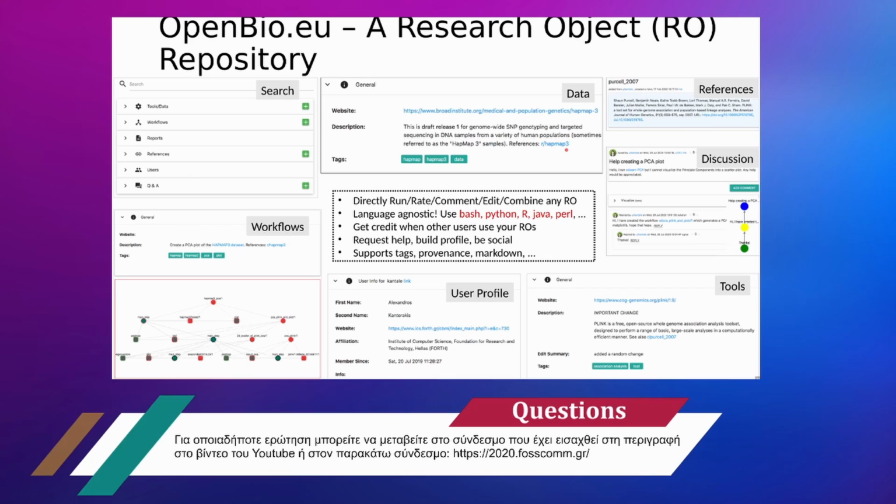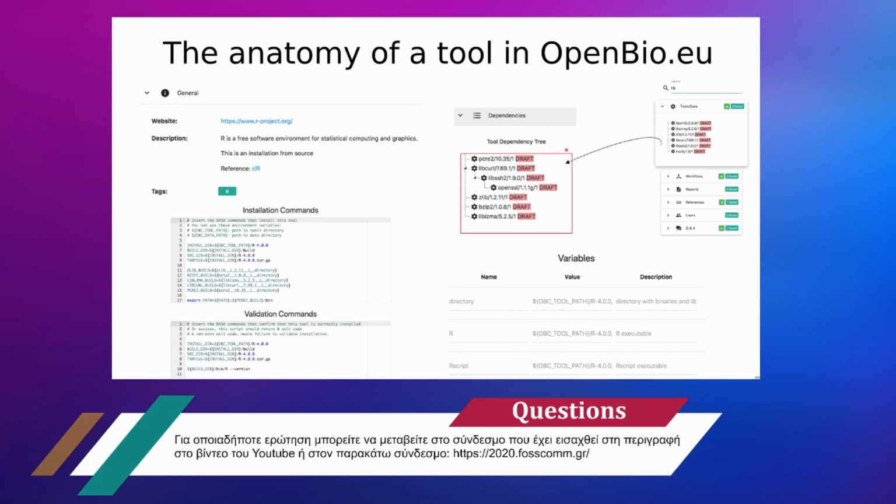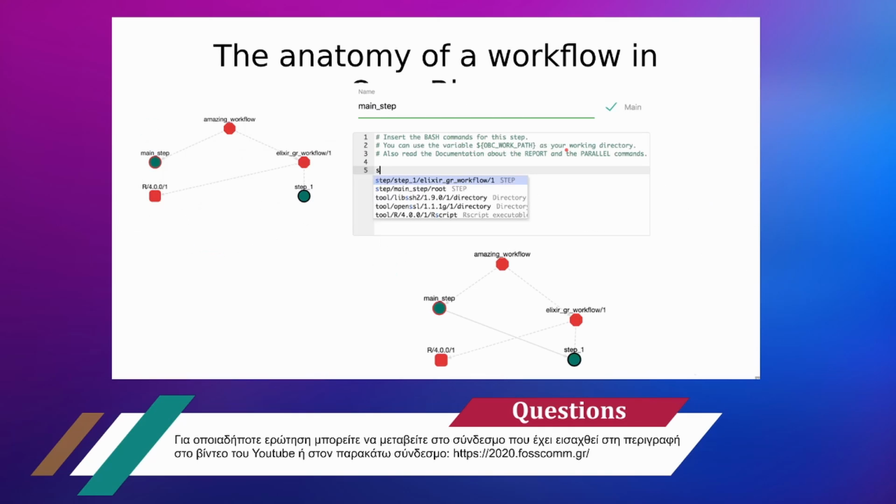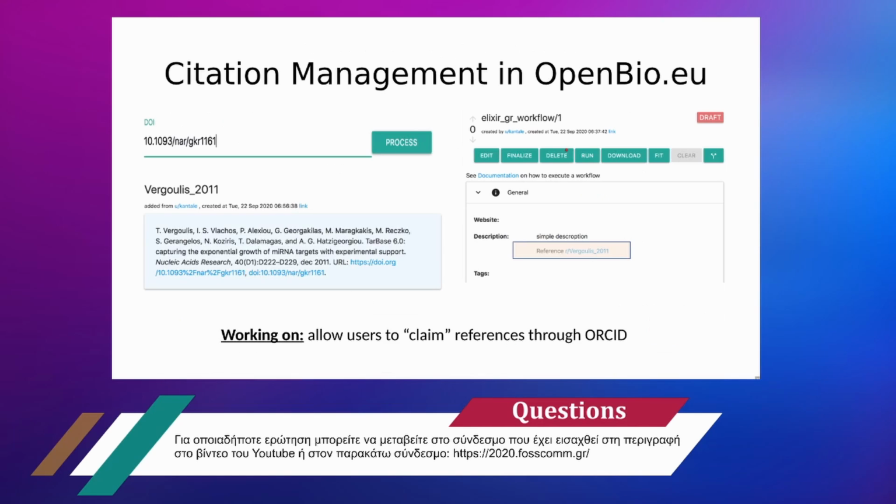You can build your own user profile. There is a forum. You can add a reference. This is a unified approach. This is my personal effort to contribute in this fight against the replication crisis.